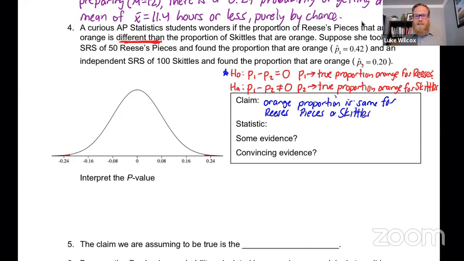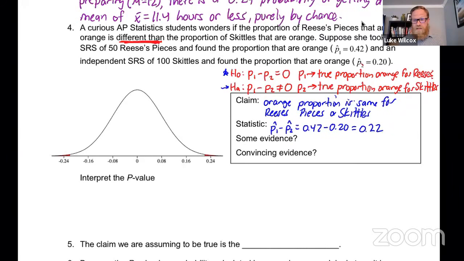Now, the statistic is the observed result that we got from our two samples here. And so what we're looking for here is P1 hat minus P2 hat, which we can calculate very easily as 0.42 minus 0.20, which is going to give us a difference of proportions of 0.22. Now, does that provide us with some evidence that the alternative hypothesis is true?